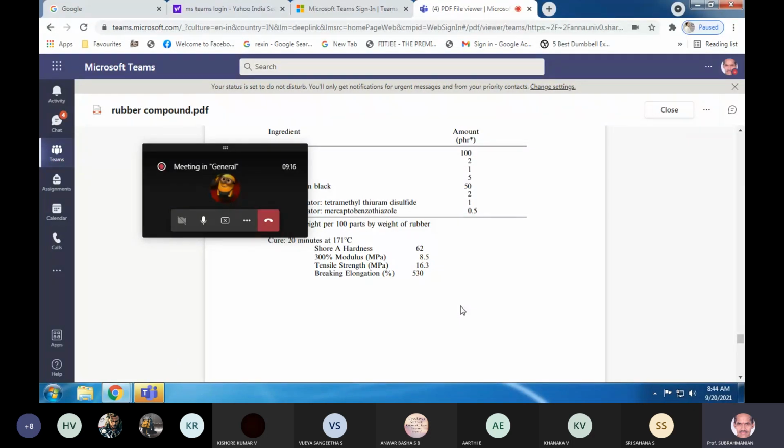So there is a product called curing air bladder. Make a note, curing air bladder, and that is used in tire manufacture. This curing air bladder, as the term implies, it helps in the tire curing, and it uses usually high pressure steam.